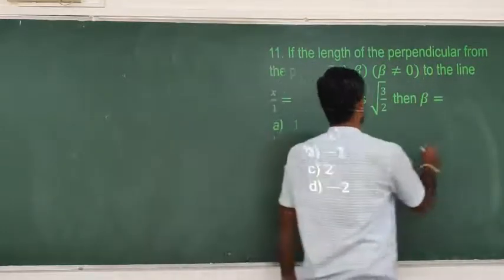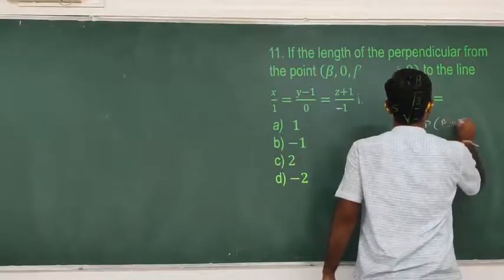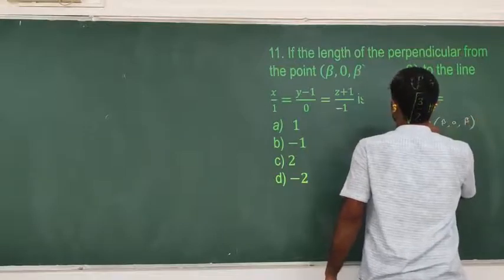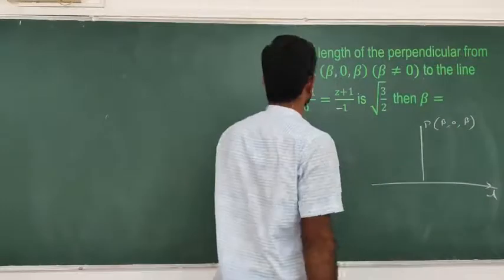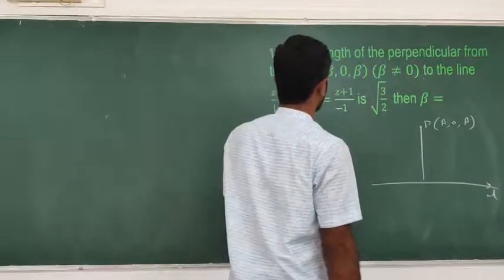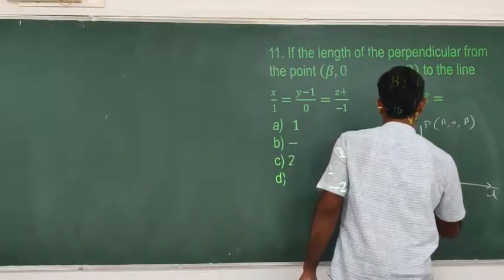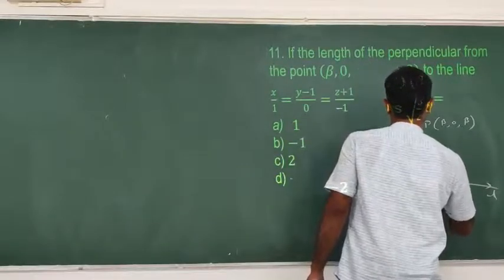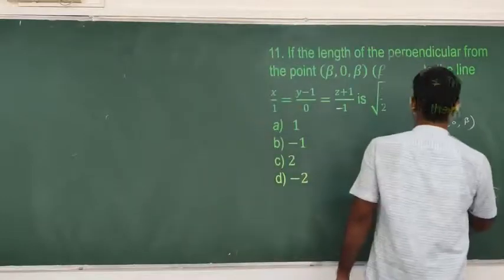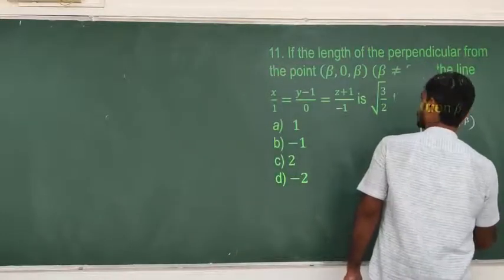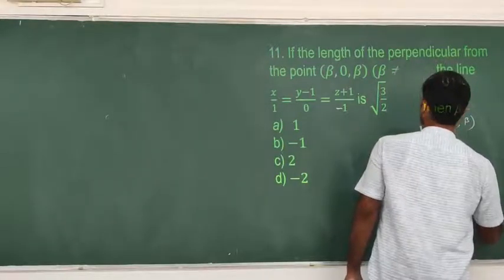So just consider this as point P. So the coordinates of point P are beta, 0, beta. And this is the line L. So this line passes through the point lambda, 1, minus lambda minus 1. So let us take that as x, y, z, and it also passes through the point 0, 1, minus 1.